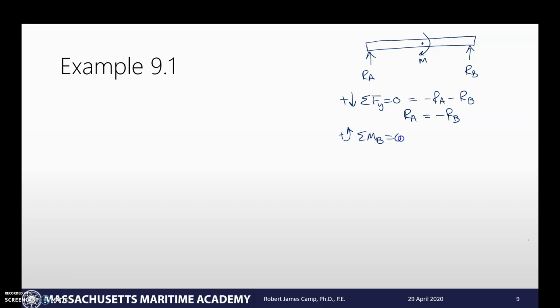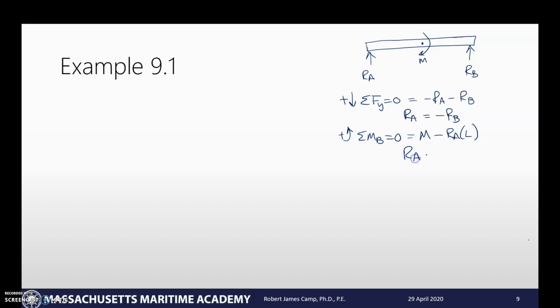Counterclockwise is positive. We're going to say that's 0. So this is a free moment that just slides back and forth. It's counterclockwise. It's positive. RA is going to be rolling in the negative direction. And so that's going to be RA times this length, which is L. That's all going to equal 0. So the moment that we have there, and actually, we want to solve this for RA instead.